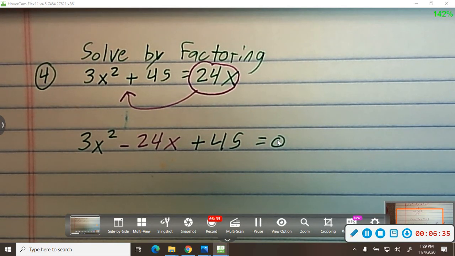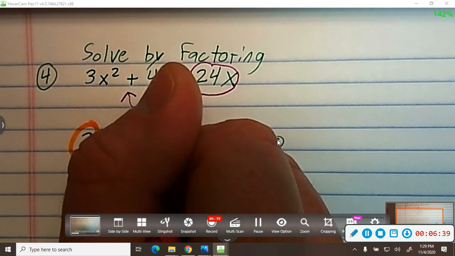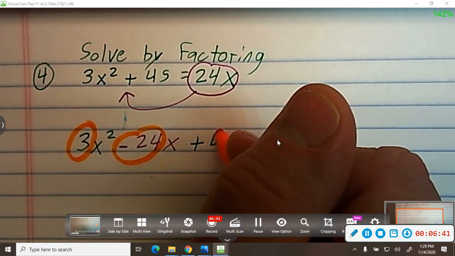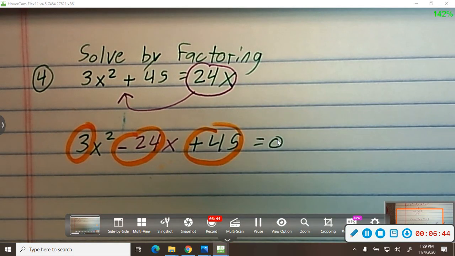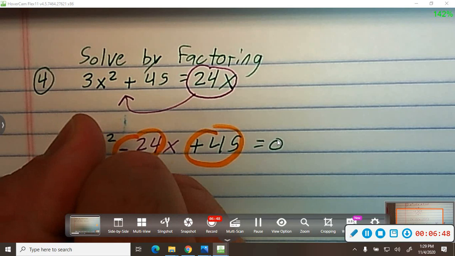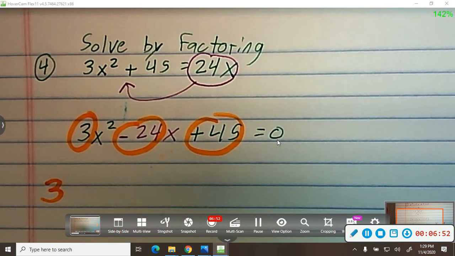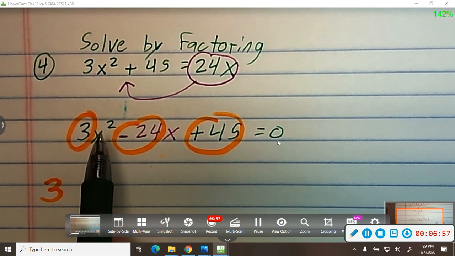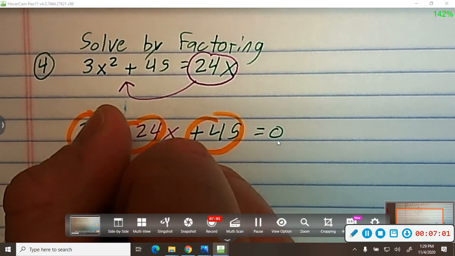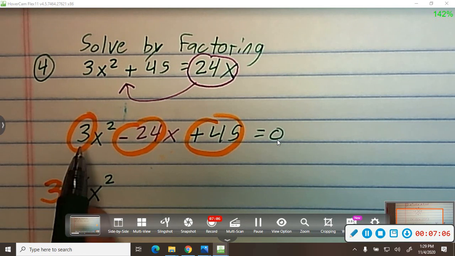And so when I look at these three numbers here, when I look at 3, negative 24, and 45, I notice they're all divisible by 3, so I'm going to take a 3 out. This is called factoring using the greatest common factor. So if I take a 3 out of 3x squared by division, that would just be x squared, because 3 times x squared is 3x squared.